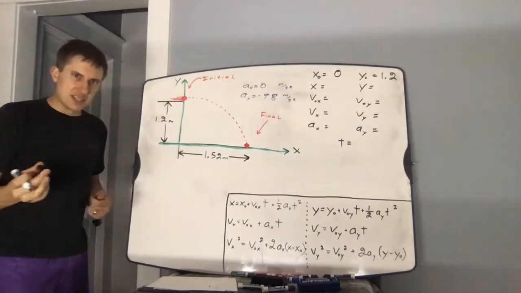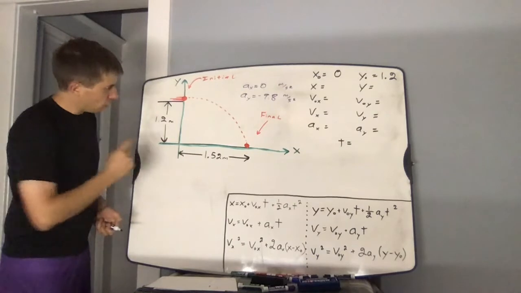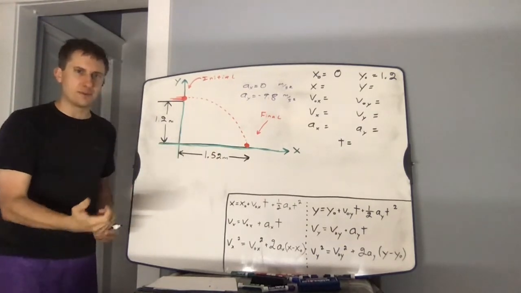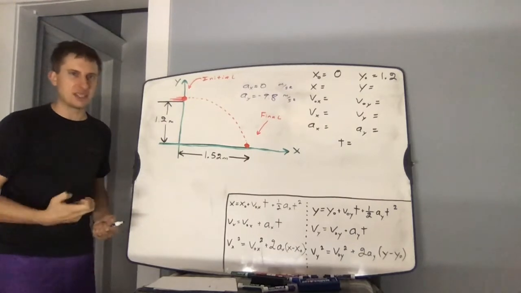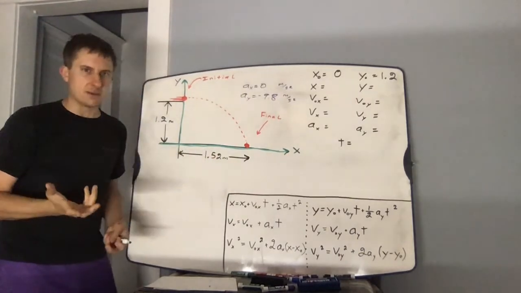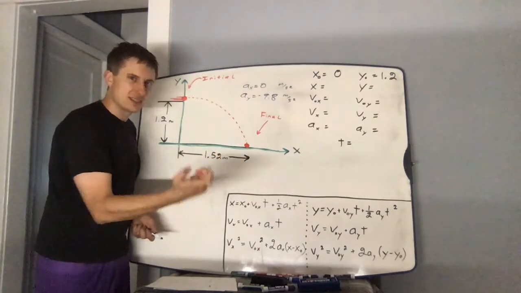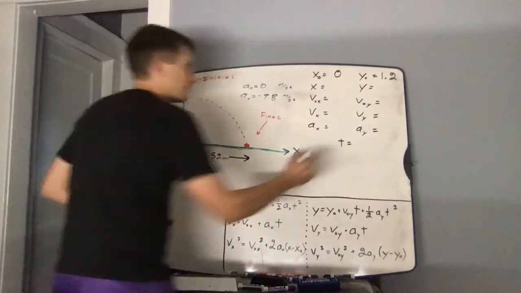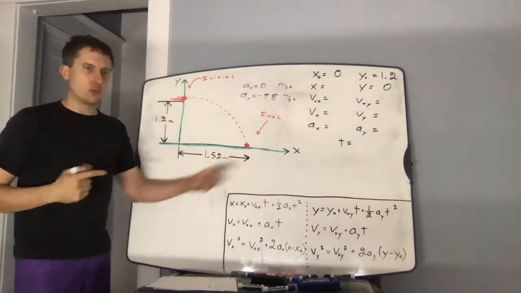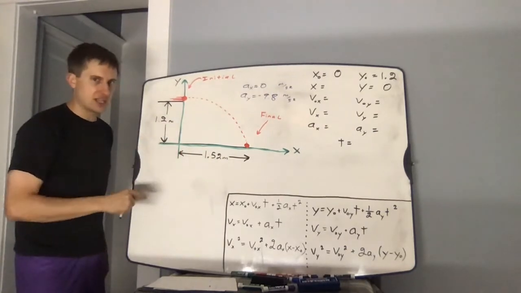We could use the same kind of reasoning for the ball's final position. If the moment the ball hits the floor is considered to be the final position, then the floor is at a height of 0. So this means the ball's final y position is 0. And for the ball's final x position, we were given the ball is 1.52 meters away from the edge of the table.